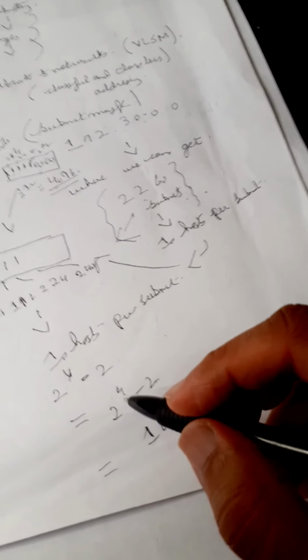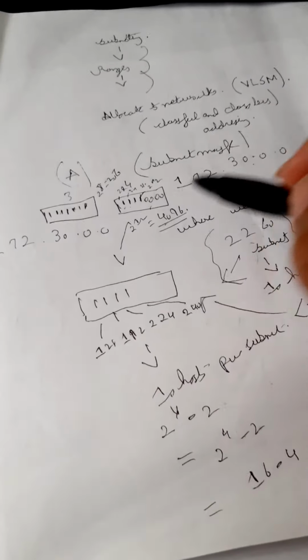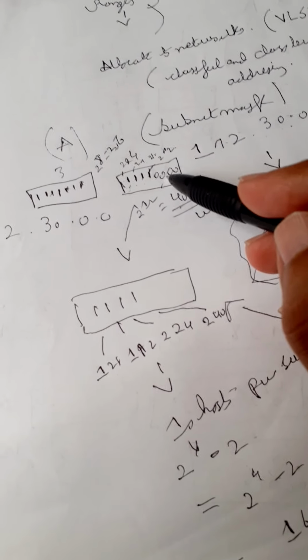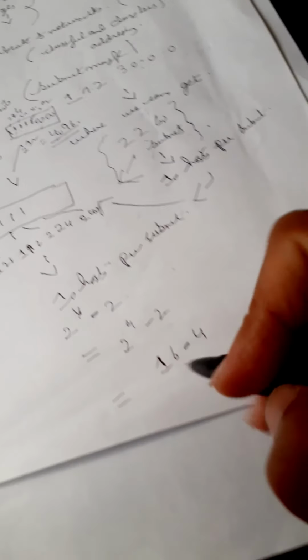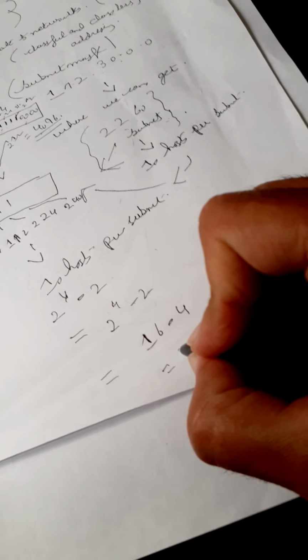2 power 2 is 4, 2 power 3 is 8, and 2 power 4 is 16. So 2 to the power y, which is 4. How does that 4 come in? The 4 zeros that are left here, we will be using them to find our 10 hosts per subnet. So once we subtract 2 from 16, we get what?